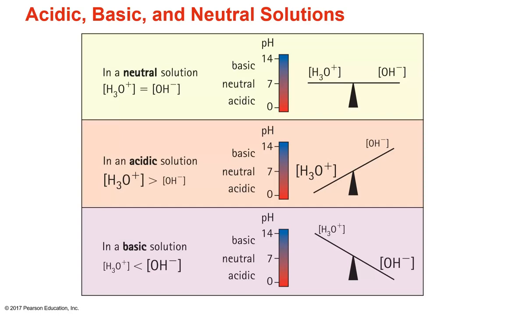So I will end with this slide that just shows you that if the hydronium goes up, the OH goes down. So acids have a lower pH, higher concentration of hydronium. Bases have a higher pH, a lower concentration of hydronium.